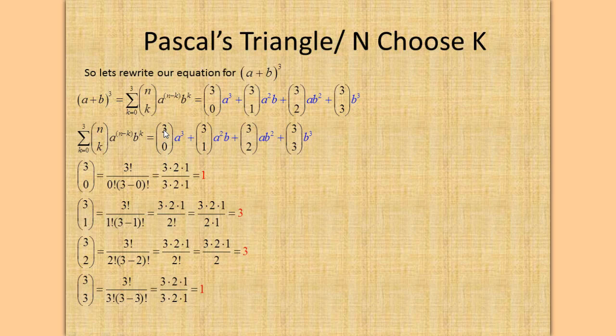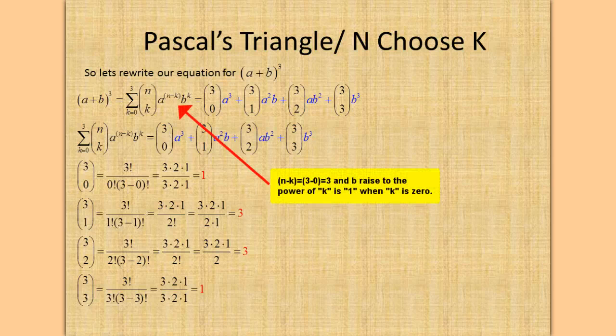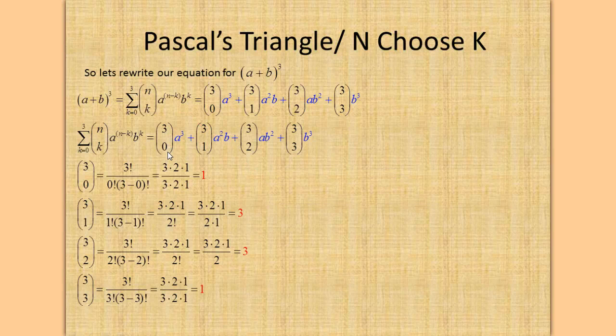Well, the coefficient is n choose k, and k is 0. So n is equal to 3, and k is equal to 0. So it's 3 factorial divided by 3 minus 0 factorial times 0 factorial, because k is 0. So 3 minus 0 is just 3.